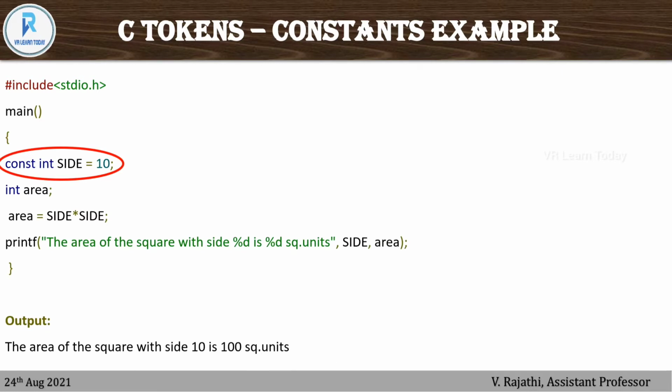As a practice, we use constants in uppercase letters, and we have declared size as 10. So during this program, we can't change this value. Side equal to 10 is a constant variable. We cannot change it during the program.